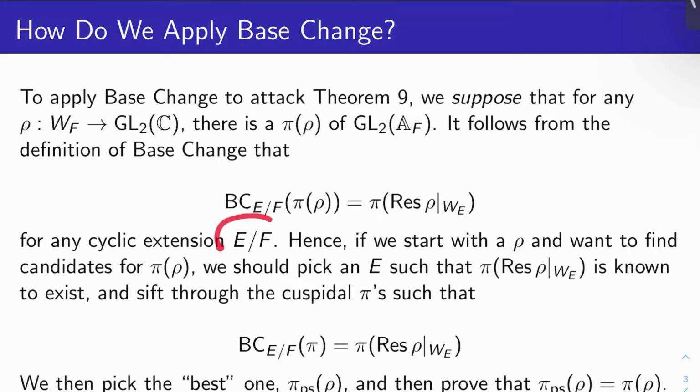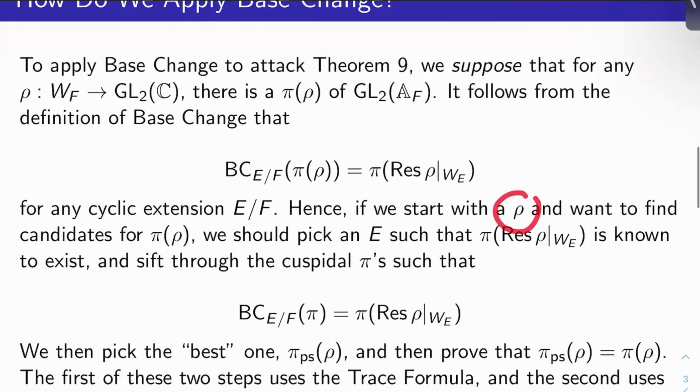And this holds for any cyclic extension E over F. So this tells us that if we start with a rho and we want to find good candidates for the pi of rho that Theorem 9 is claiming exists, we should pick an extension E over F such that pi of the restriction of rho to the Weil group of E is known to exist. And second of all, once we've done that, we should sift through all the cuspidal pi's such that the base change from F to E of pi is pi of the restriction of rho to W sub E.